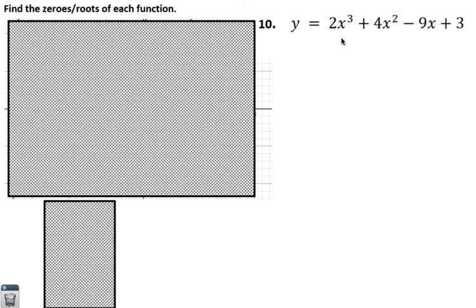We learned in class that you could take factors of 3, plus or minus 1, plus or minus 3, and then factors of the leading coefficient 2, which is plus or minus 2 and plus or minus 1.